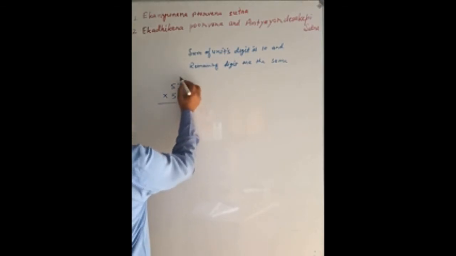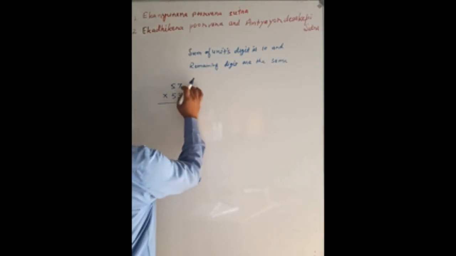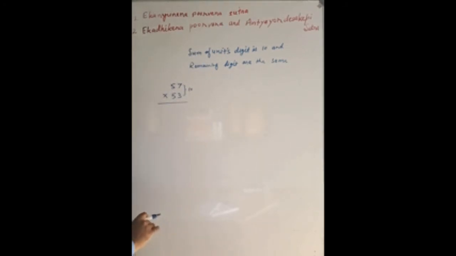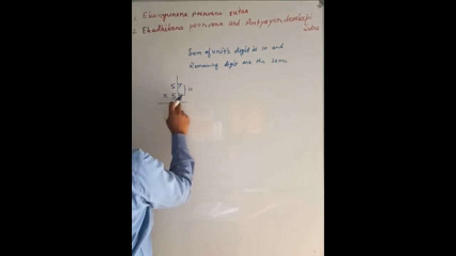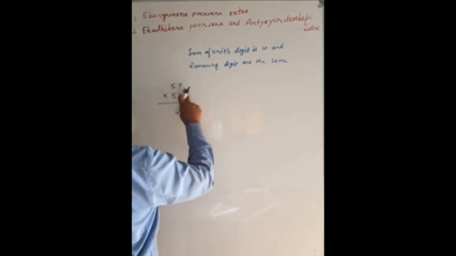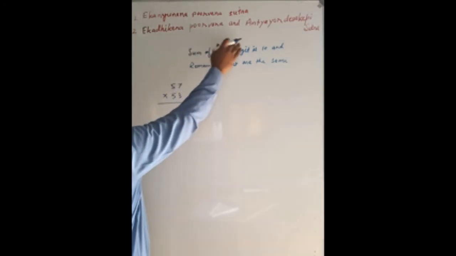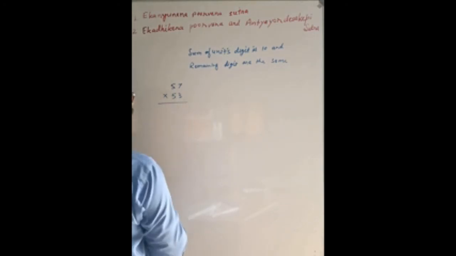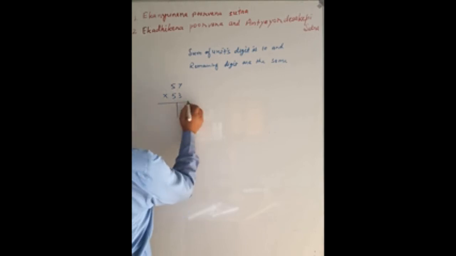This place is called unit and that place is the tens place. Sum of unit digits: the sum of 7 and 3 is 10. The first condition is fulfilled. And second condition, remaining numbers: they are 5 and 5, both are equal. So in 57 multiplied by 53, we can use the Ekadhikena Purvena Sutra. The solution has two parts, right part and left part.